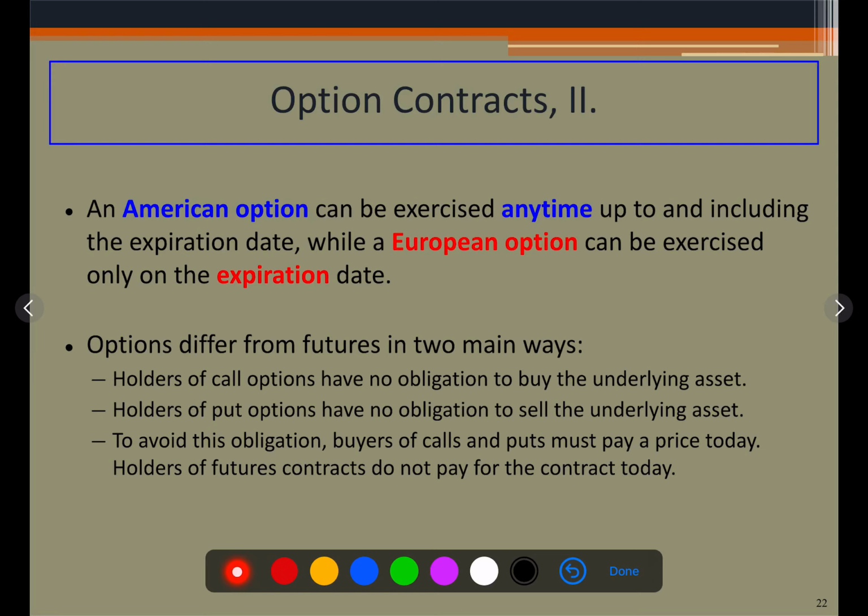It's a premium. Otherwise, it does not make any sense for the seller of the option contract to give the right to the buyer to exercise the option. There needs to be some incentive for the seller, and that incentive is simply the premium which he will charge the buyer of the option contract.